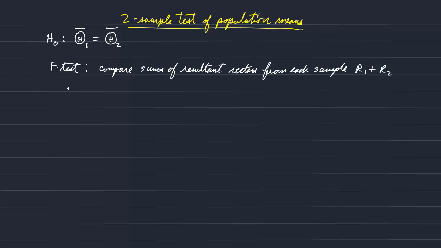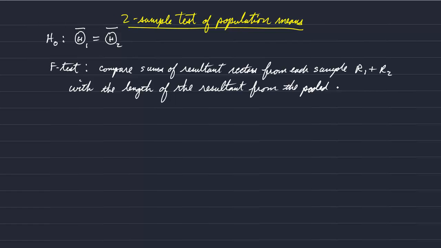And we're going to compare that sum with the resultant of the pooled data set, or the length of the resultant from the pooled data set. That is, if we consider both data sets as a supersample, then we can sum the unit vectors of that supersample to get Rp, the length of the pooled resultant vector.